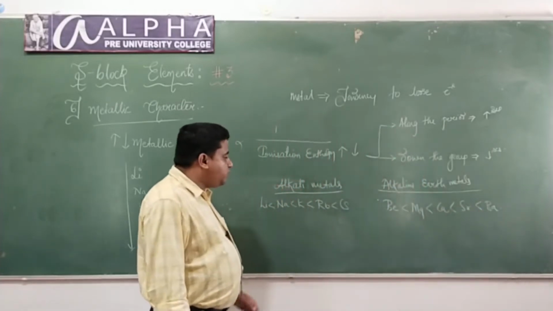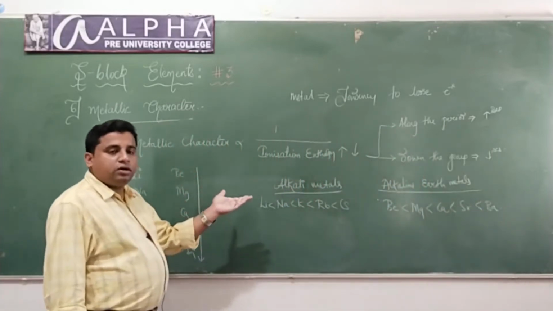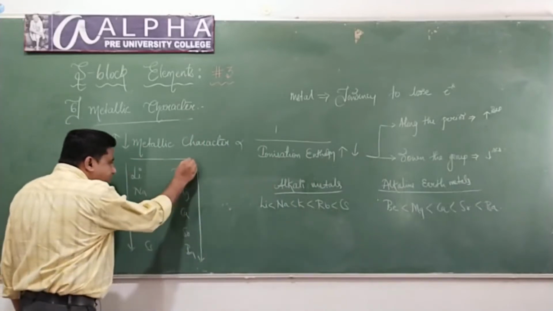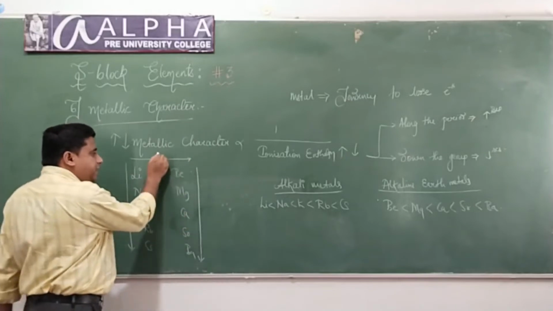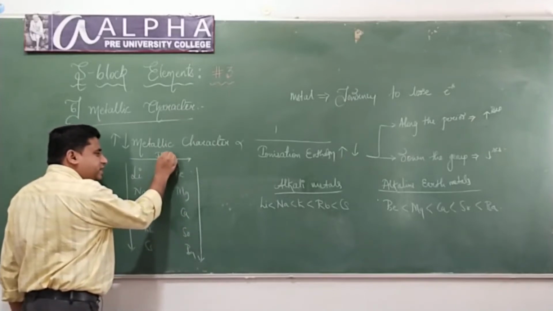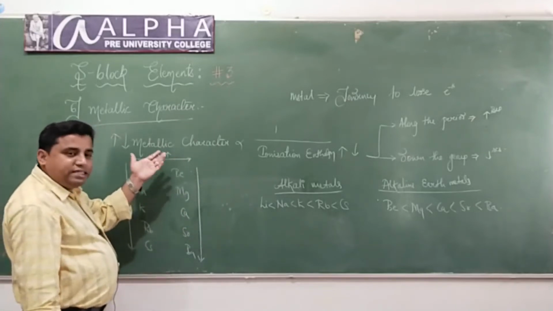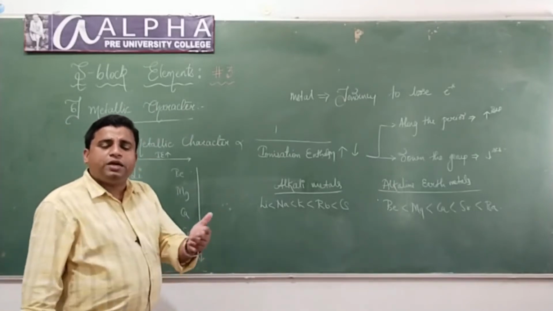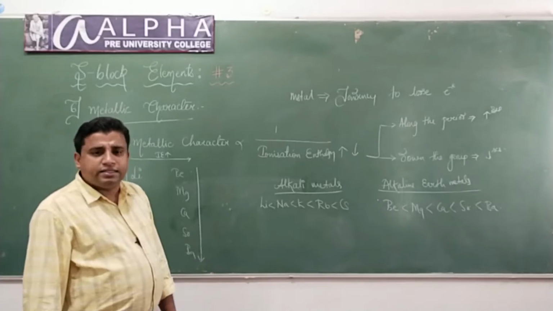Now if we compare the metallic character of alkali and alkaline earth metals along the period, ionization enthalpy increases. When the ionization enthalpy increases, the tendency to lose the electron decreases. That means metallic character decreases, isn't it?